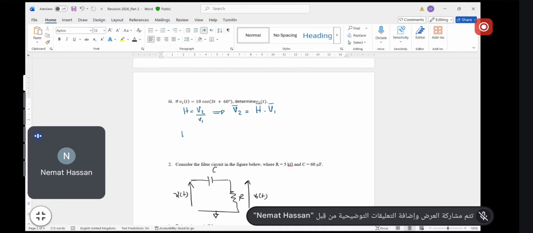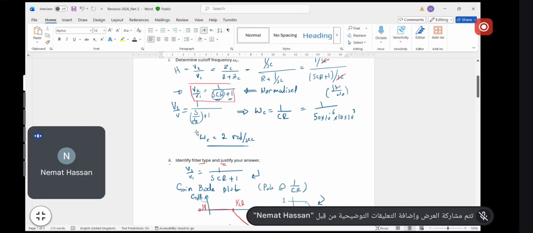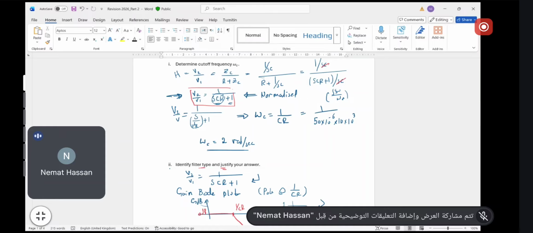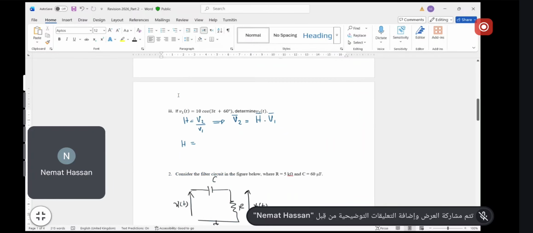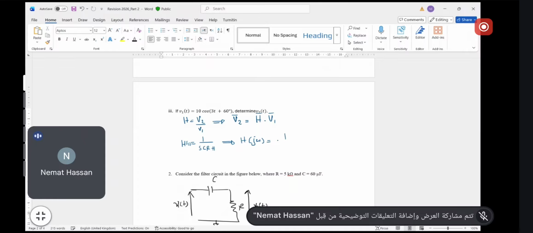But first, let's try to find the phasor of it. We have H equals to what? From part 1 and part 2 it is equal to 1 over SCR plus 1. H of S is equal to 1 over SCR plus 1, which means H of j omega is equal to 1 over j omega CR plus 1.